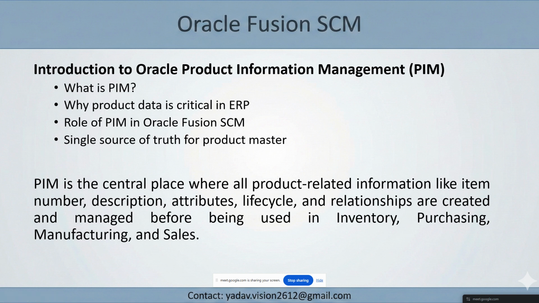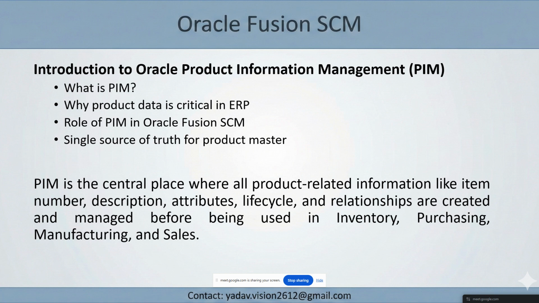So this is the PIM module. It takes care of item creation, the life cycle of the items, how the item relationships are going to be, and how we can utilize that item in the different modules.